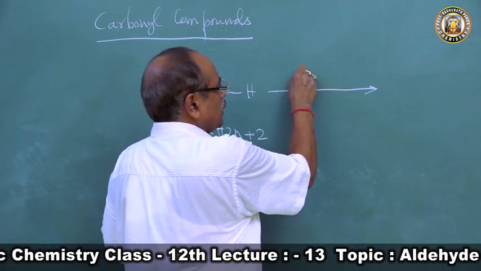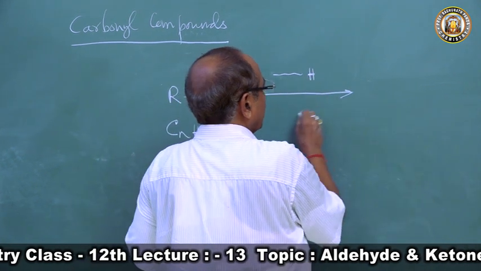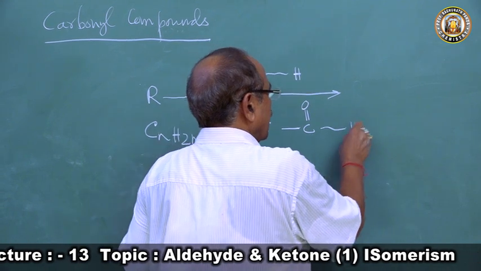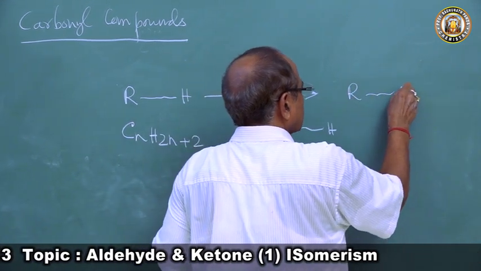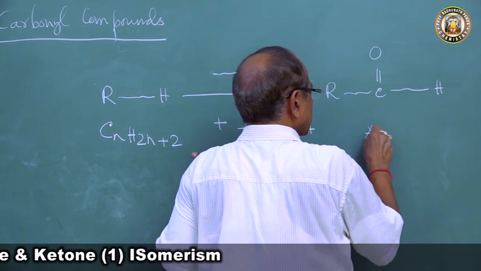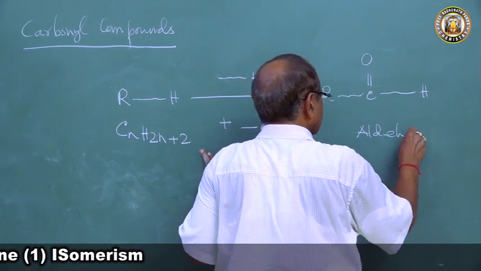If we remove a hydrogen atom and attach an aldehyde group to that, we get RCHO. So this is an aldehyde.